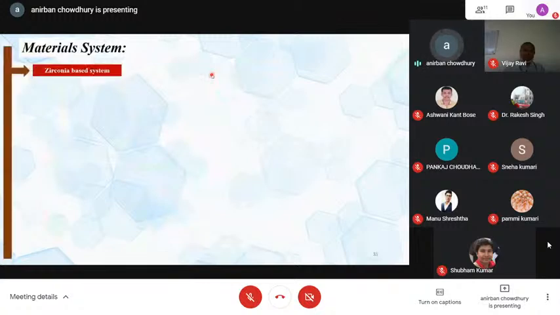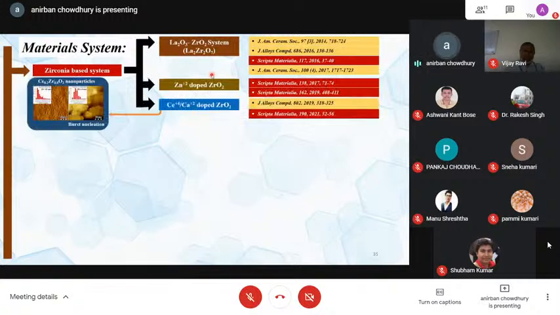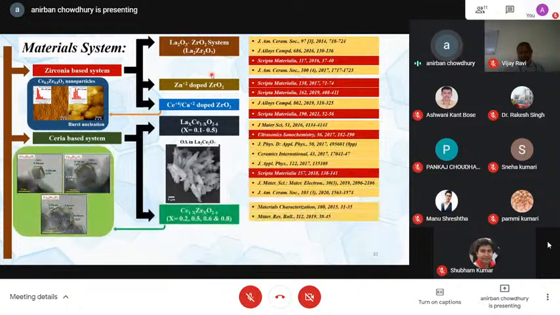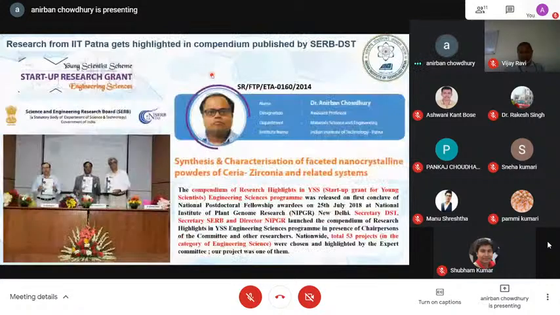The materials we have talked about are zirconia-based systems with a variety of dopings. I've shown some of them. Ceria is another material we have been working on very closely for the last 6-7 years, and also some work on copper oxide.